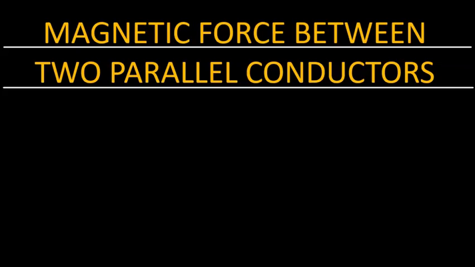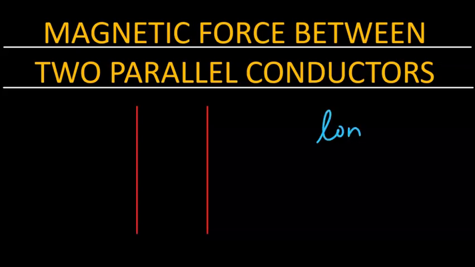Let's look at magnetic force between two parallel current-carrying conductors, such as shown here. So you have two very long conductors carrying current, say I1 for conductor number 1 and I2 for conductor number 2.